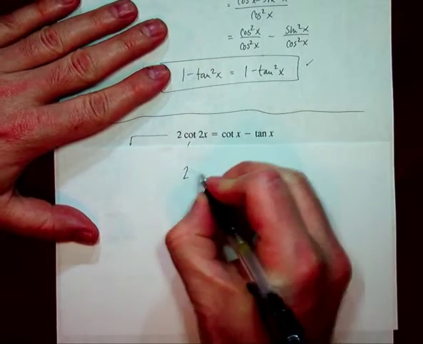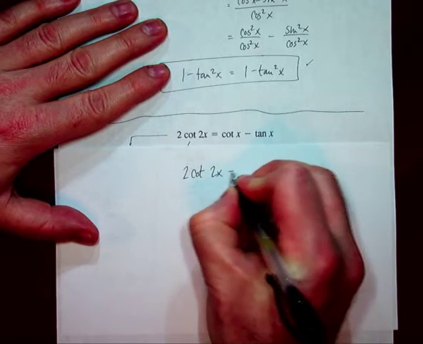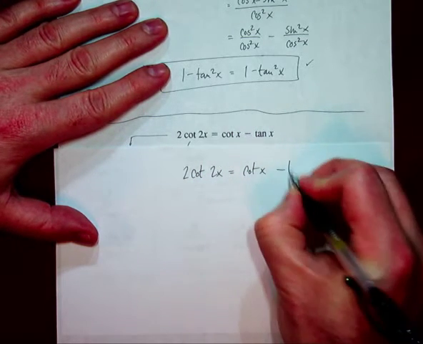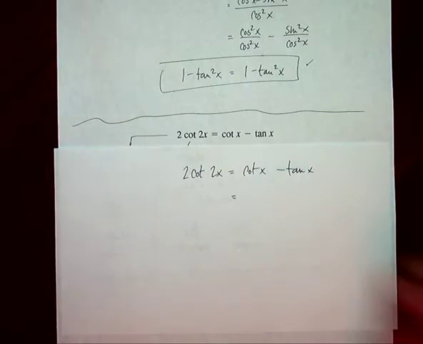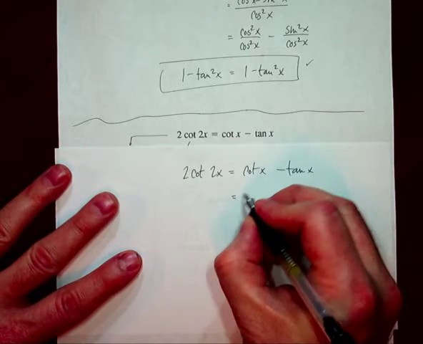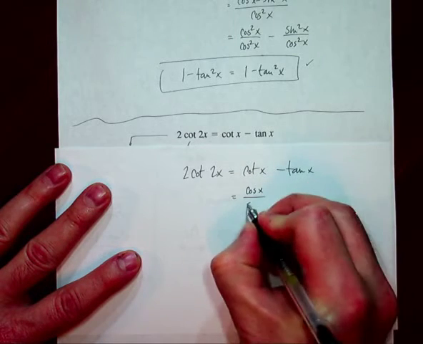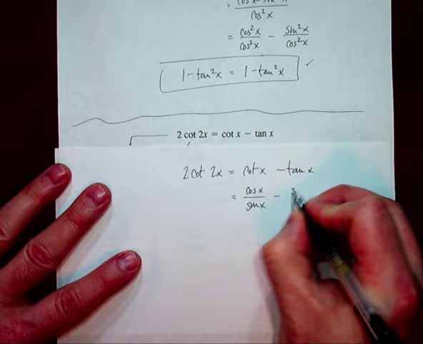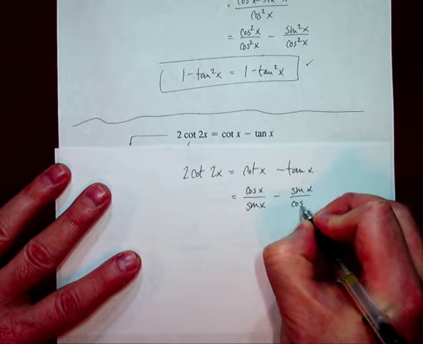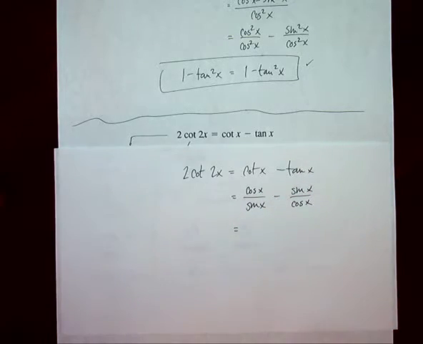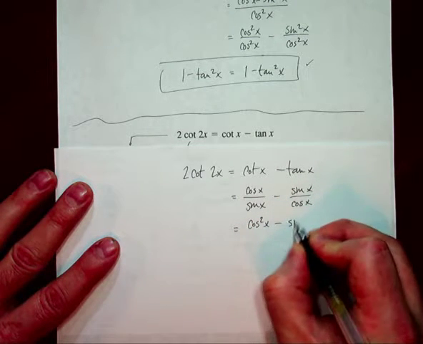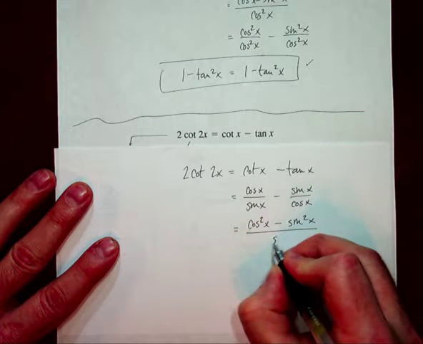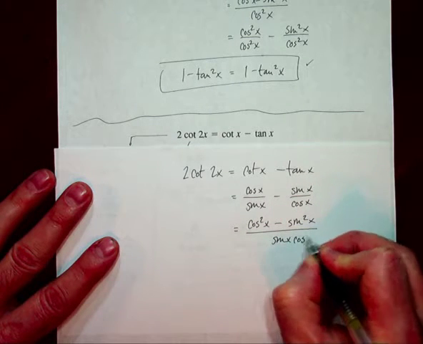Now, we have 2 cotangent of 2x is equal to cotangent x minus tangent x. What can you do with the right-hand side? Well, the only thing you really can do is turn it into its implied fractions, and then turn it into a single fraction by means of a common denominator.